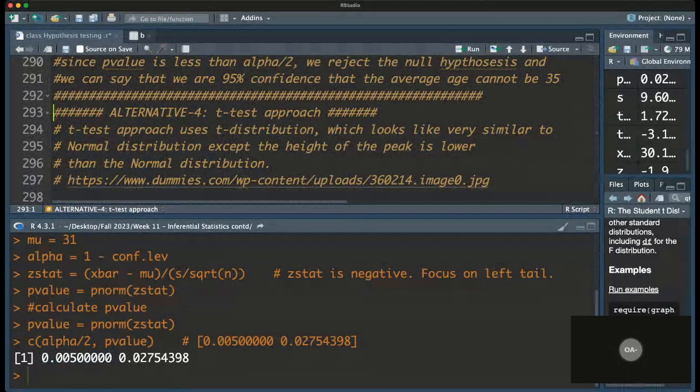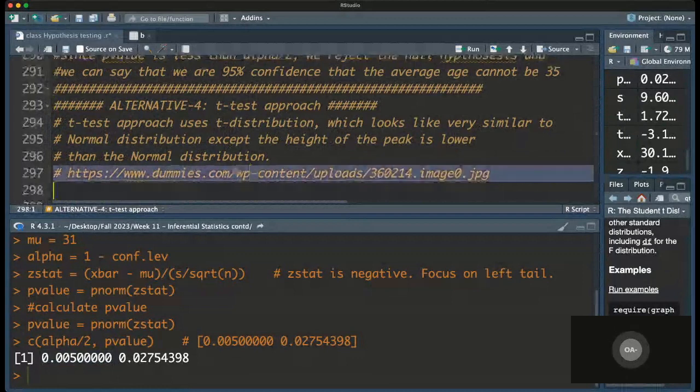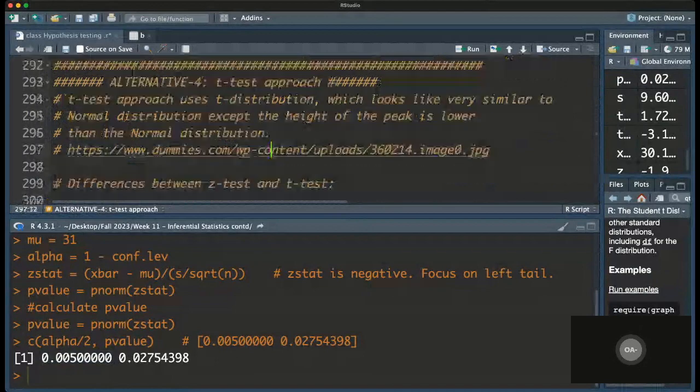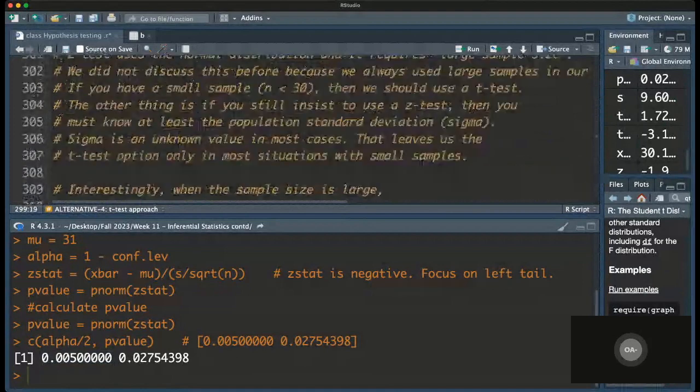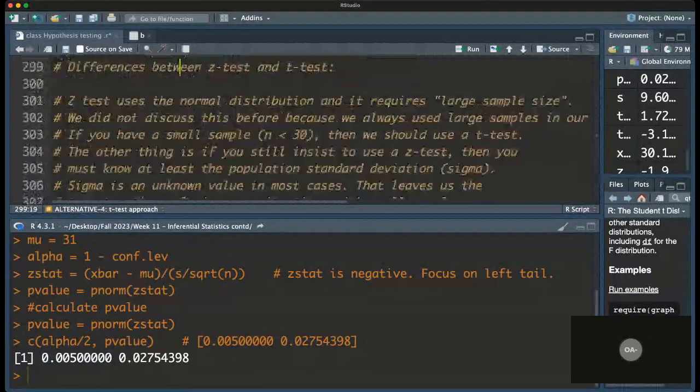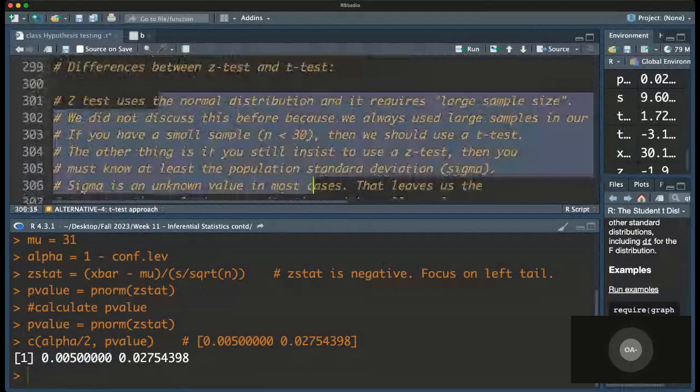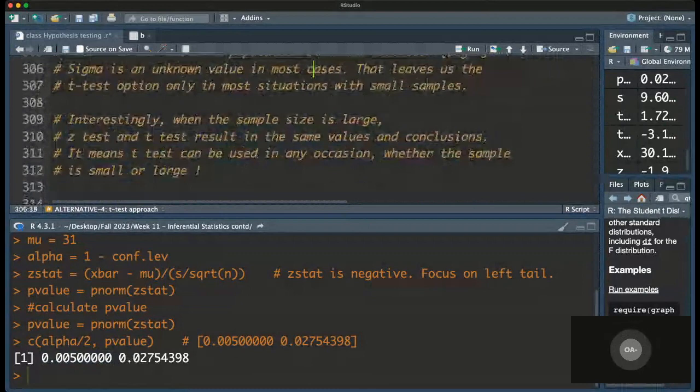And you can look at an image in this URL. It gives you an overlay of the normal distribution on top of the t-distribution if you want the visual difference. Everything I just said a couple of seconds ago is what's here. So let's keep reading.